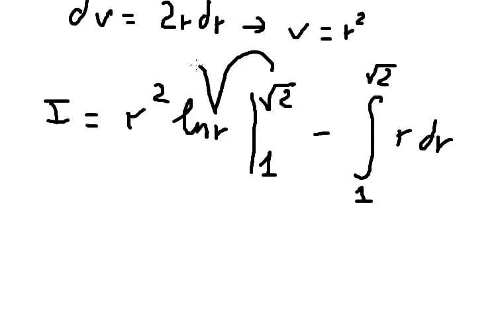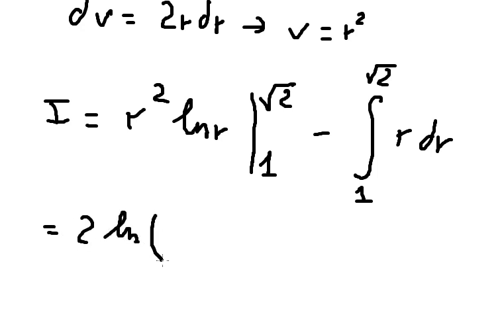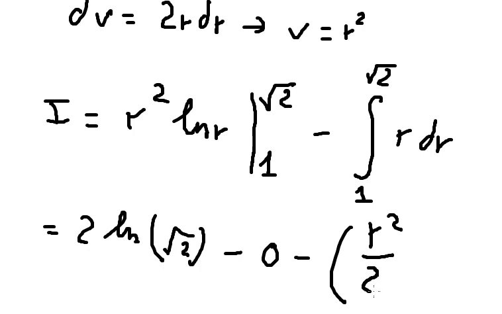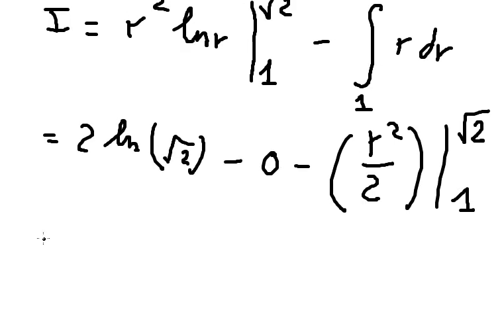So this one, we put it in here. ln of 1 is 0. The integration of r is r squared over 2, and we put the bounds from 1 to the square root of 2.